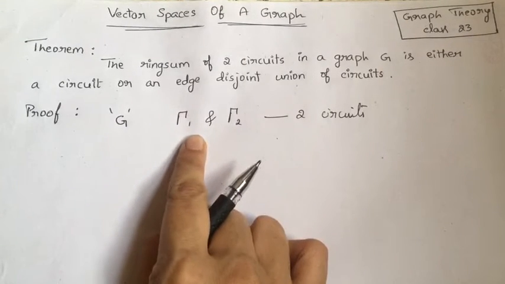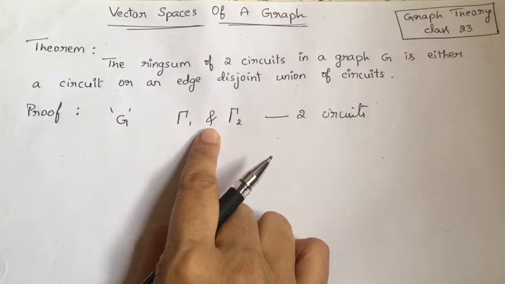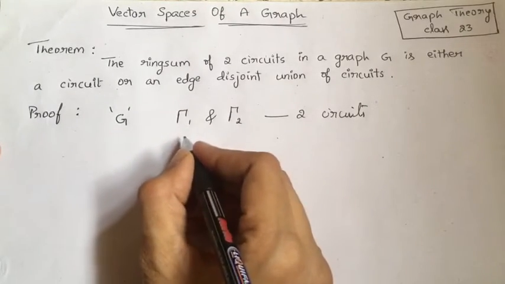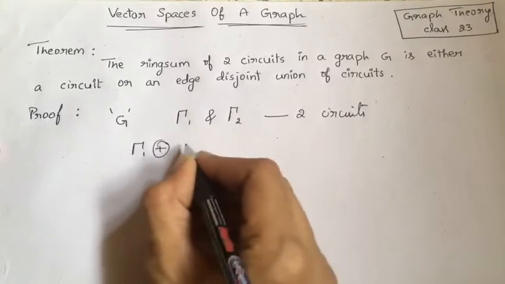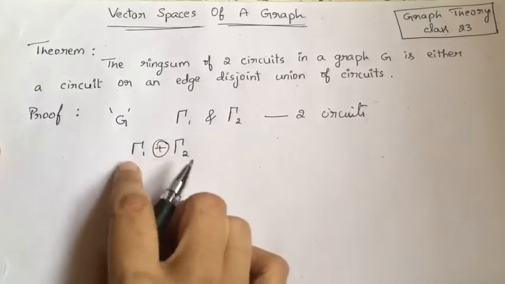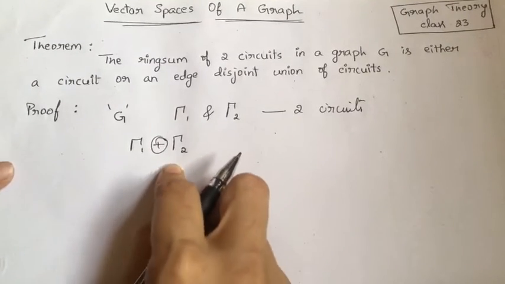If the two circuits have no edges or vertices in common, then their ring sum, gamma 1 plus gamma 2, is a disconnected graph.